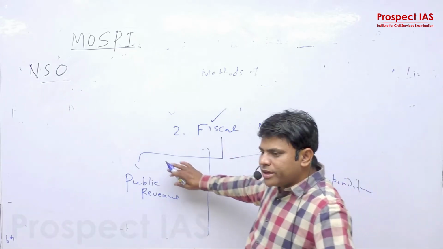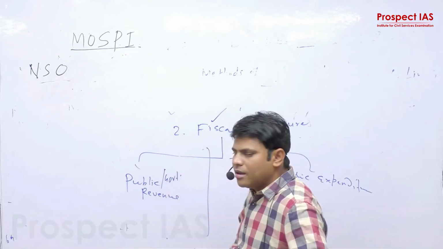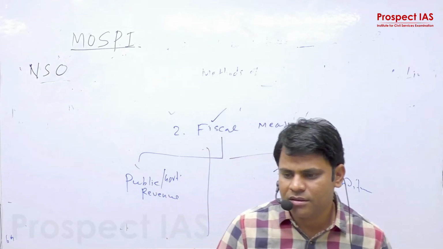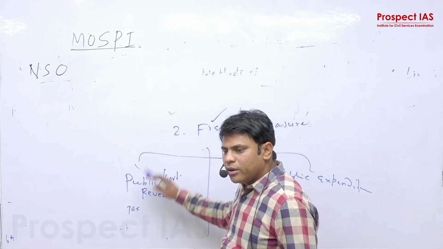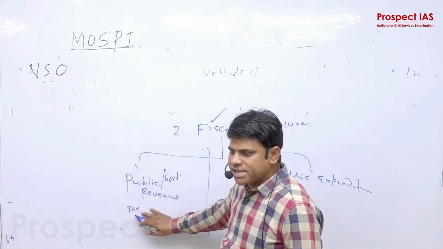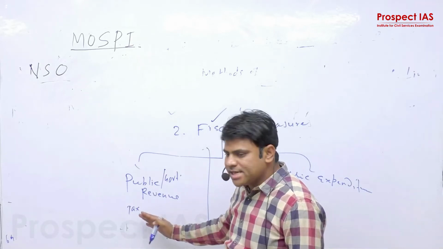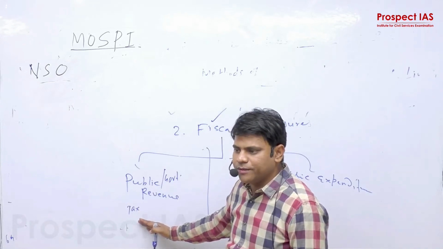Now we'll see the first one, the public revenue. What is the most important source of public revenue? Here public means government. So what is the most important source of government revenue? Taxation, है ना? Taxation. So to control inflation, the government will bring about changes in taxation policy, है ना? What changes are required to control inflation? That's what I am going to discuss with you, है ना?